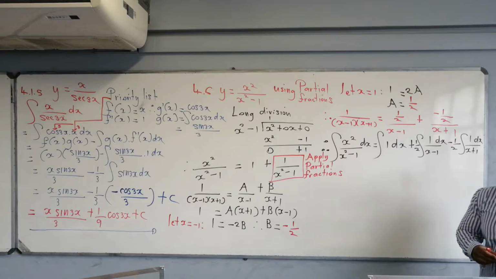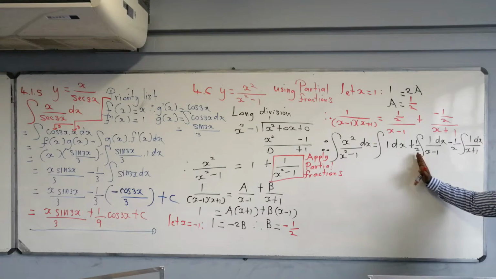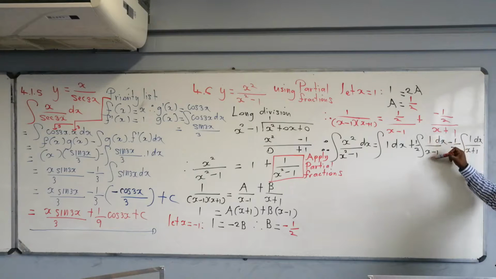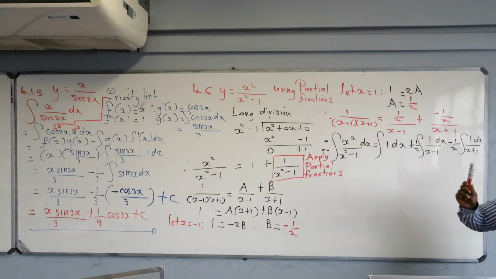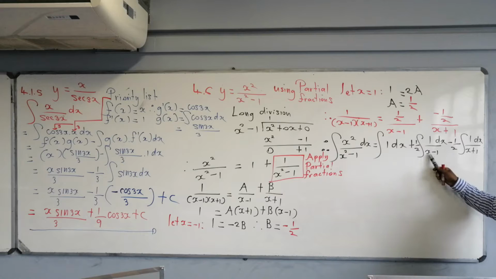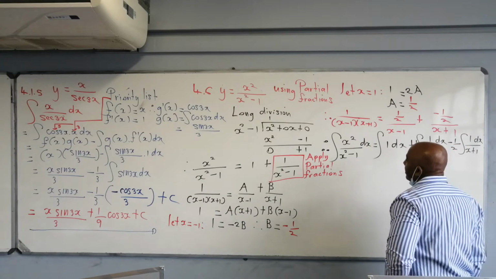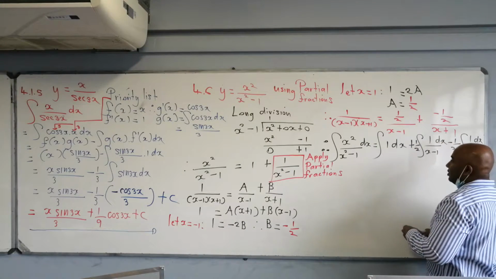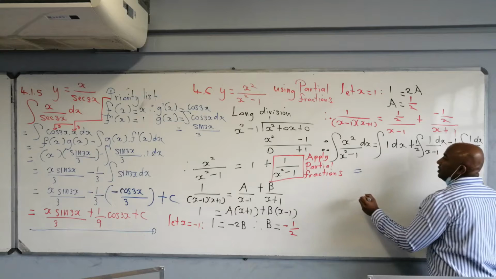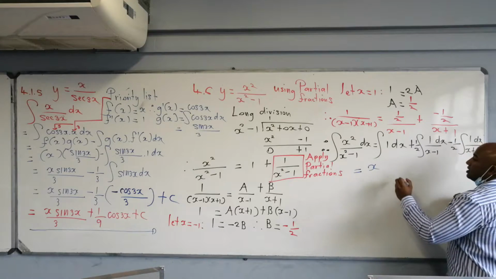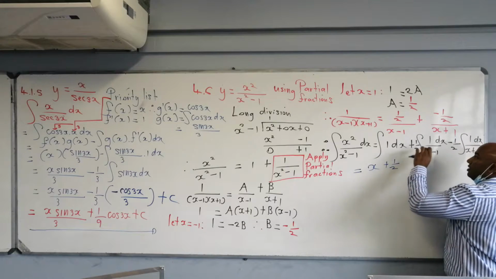Always take your constant, write it in front of your integration sign so you can identify the type. If you have an exact derivative, the derivative of x is 1, there's no need for any use substitution. You go straight forward to your final answer here. You integrate 1, you're going to get x plus half.